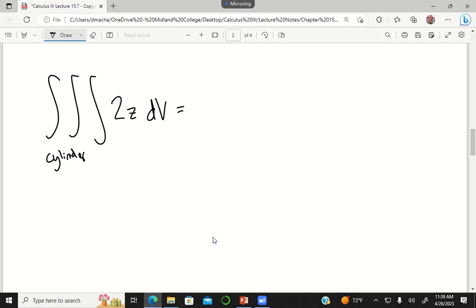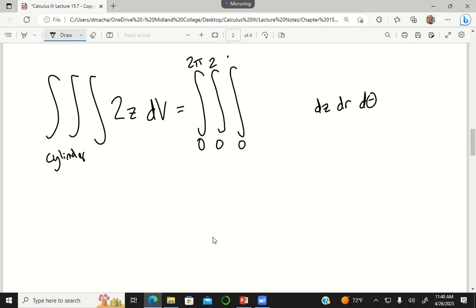So in cylindrical coordinates, theta goes from 0 to 2 pi. The radius r of the cylinder was 2, so r is going to go from 0 to 2. And then I've also got dz, and z went from 0 to 3. I also get a little r. Remember r d theta? That comes with converting to cylindrical coordinates.